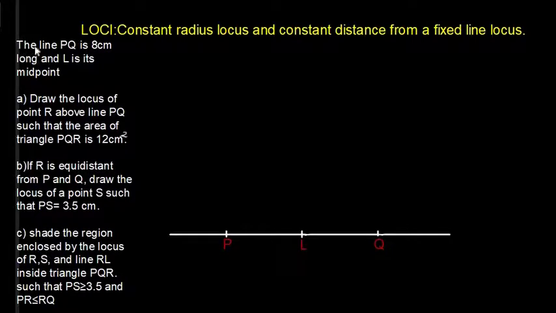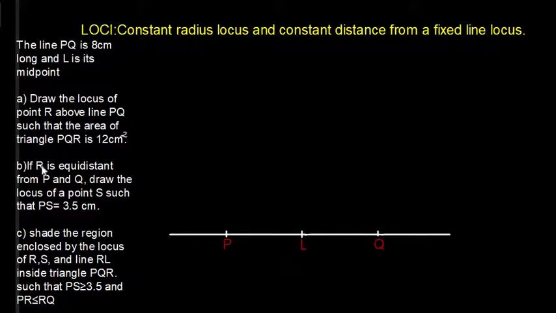So it reads, the line PQ is 8 centimeters long and L is its midpoint. Part A, draw the locus of point R above line PQ such that the area of triangle PQR is 12 square centimeters.